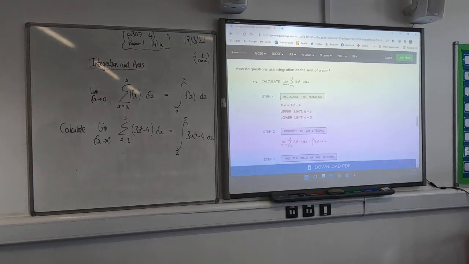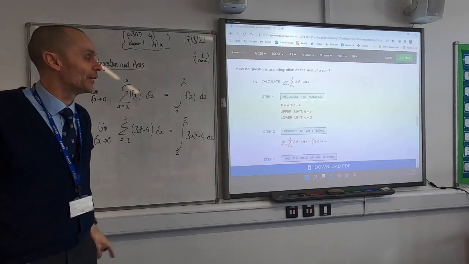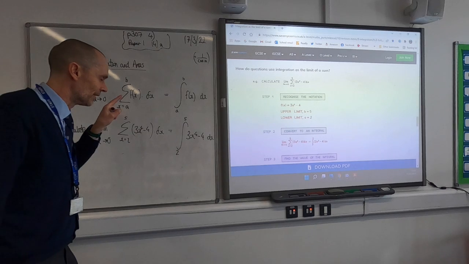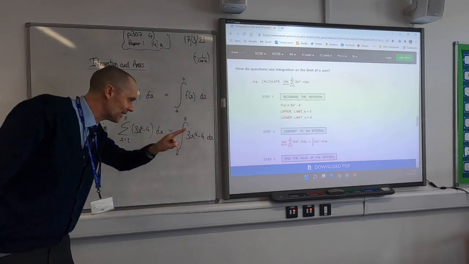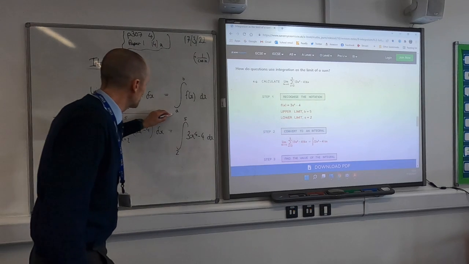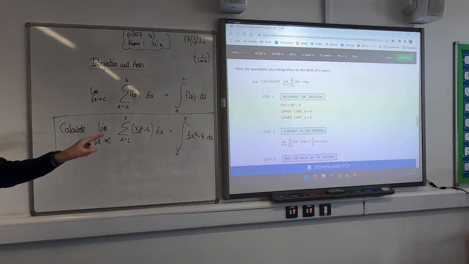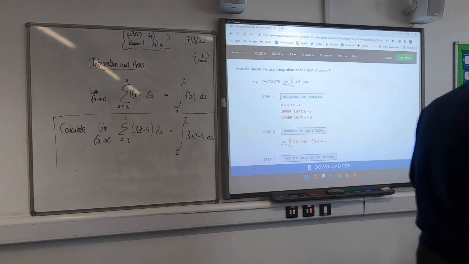So dx is telling us that x is the variable. It actually comes from this here. So this is what you're going to get a question like on the exam. And all you need to do is to realise that this is the sum you need to do. So when you get a question that says that, you are expected to do that.